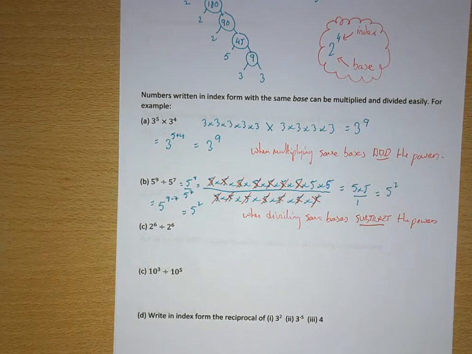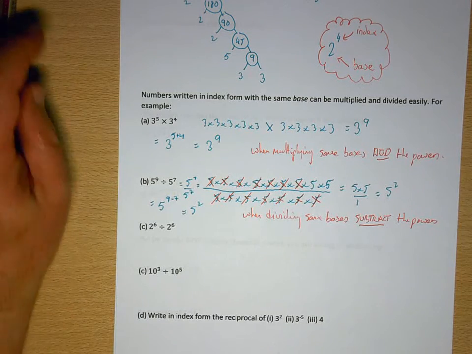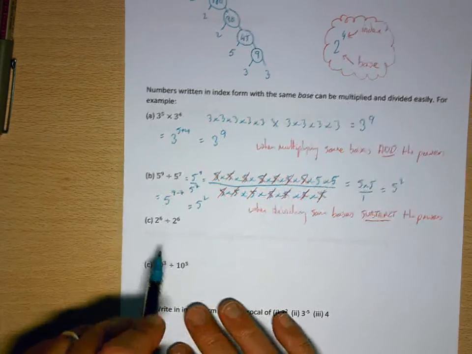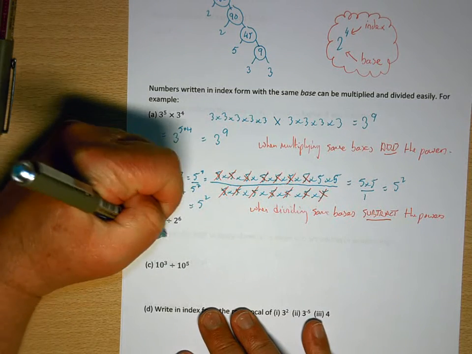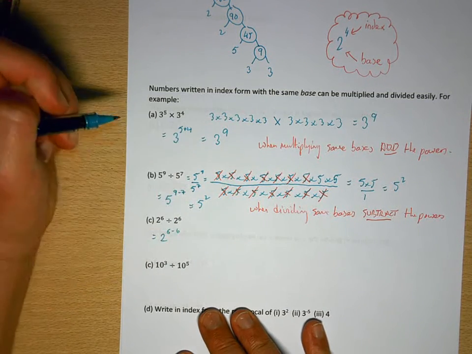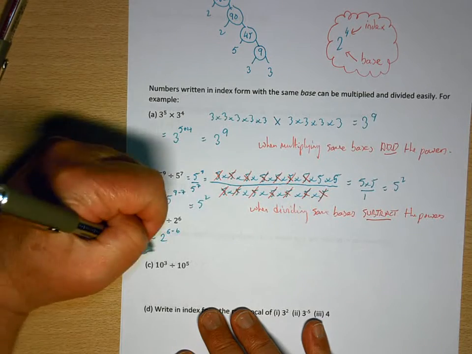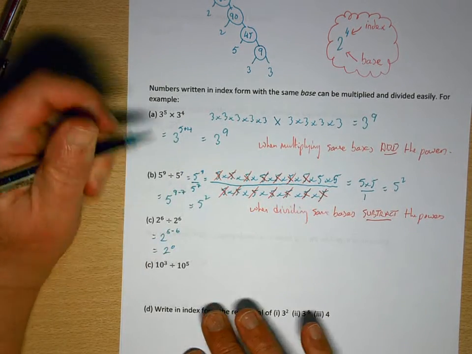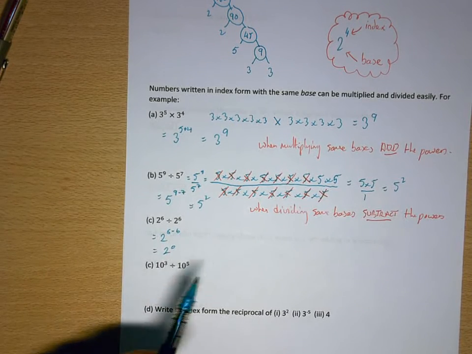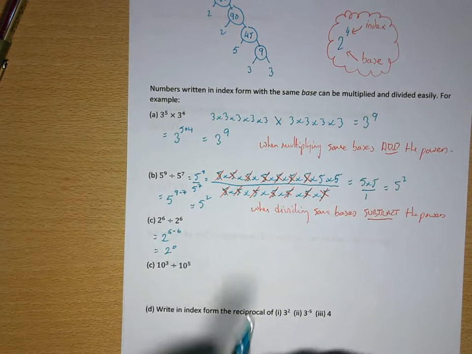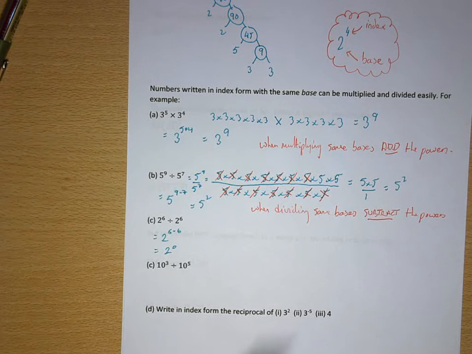Okay, so if we look at this one now, I know that if I've got 2 to the power of 6 divided by 2 to the power of 6, that's going to be 2 to the power of 6 take away 6, which is 2 to the power of 0. Now, I also know that when I divide any number by itself, 3 divided by 3, 1000 divided by 1000, 265 divided by 265, I get 1.